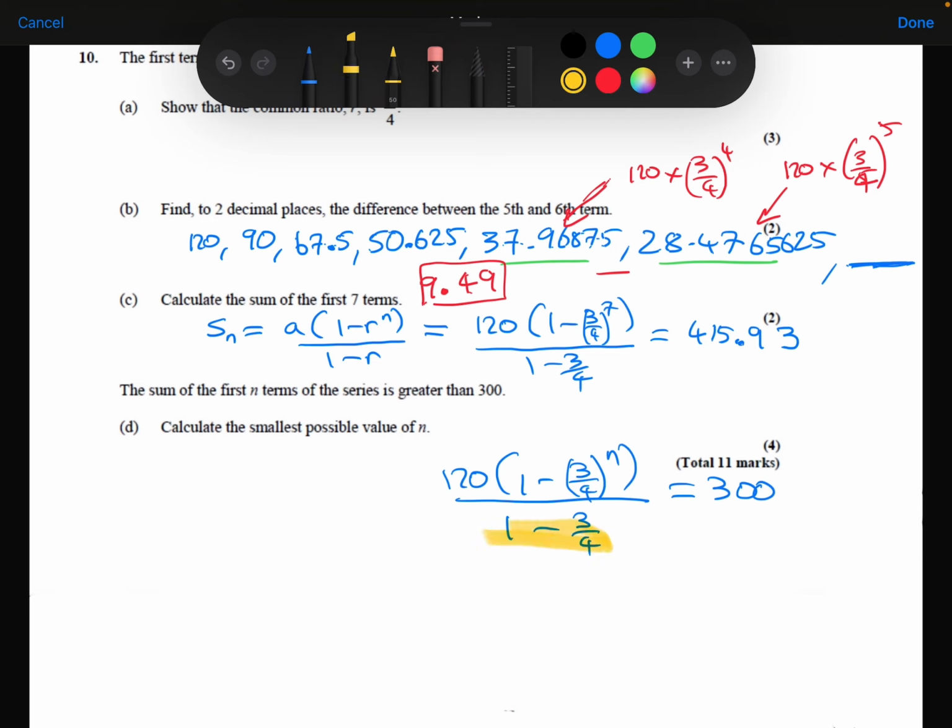So first of all, the 1 take away the 3/4 is 1/4. And then if we times both sides by 1/4, that will remove that. So 300 times 1/4 is 75.